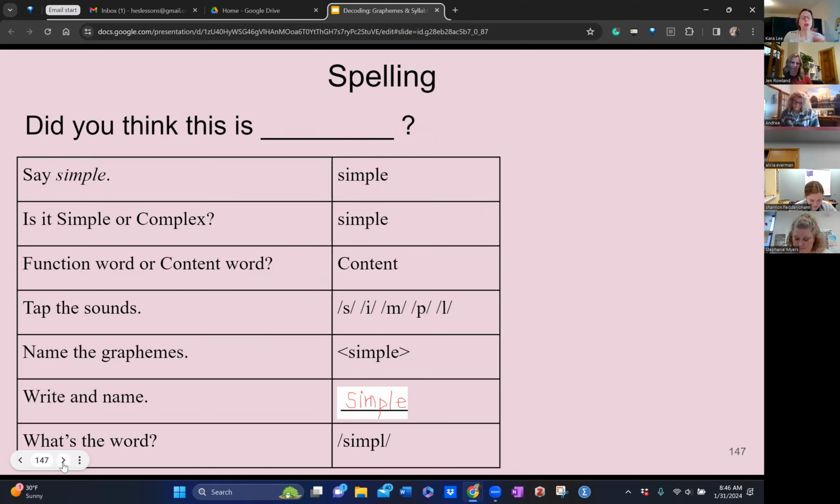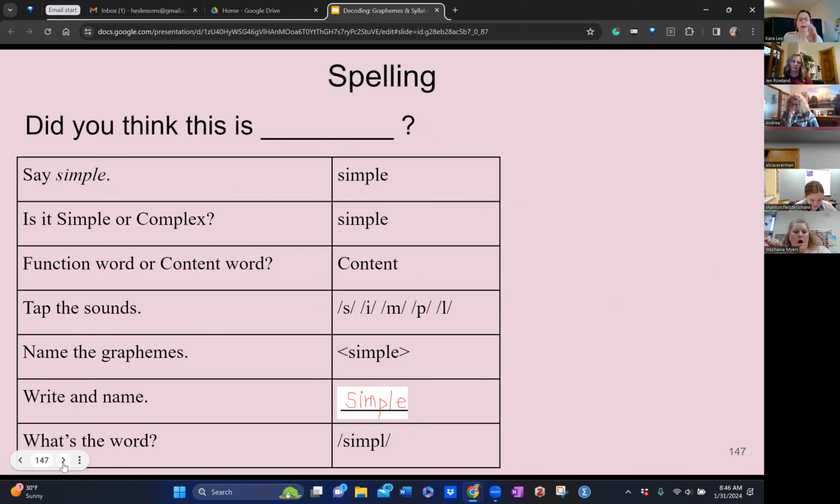Okay, so here's how we spell these words. Not nibble words, of course, but any other word that's a consonant LE with a closed first syllable. I might say simple. Is it simple or complex? It's simple. Okay, is it a function or a content word? Content word, right? I can tap the sounds, name the graphemes, write and name. What's the word?